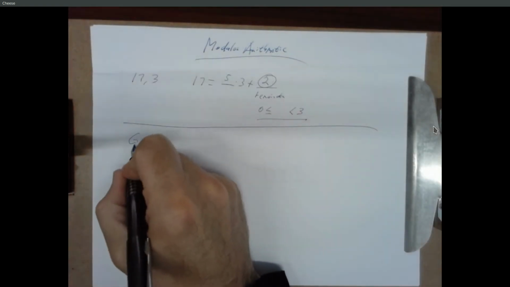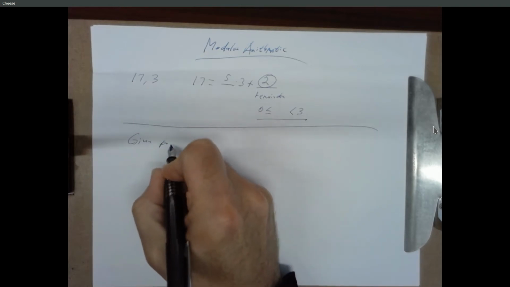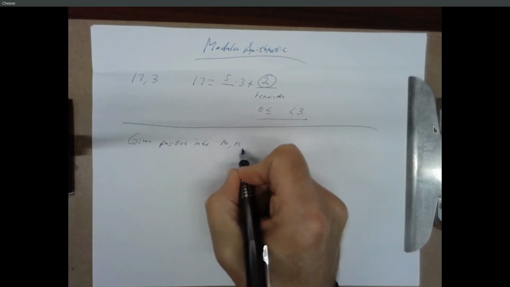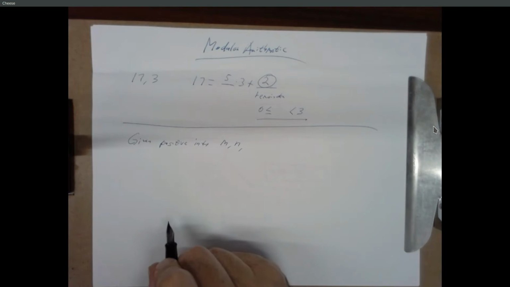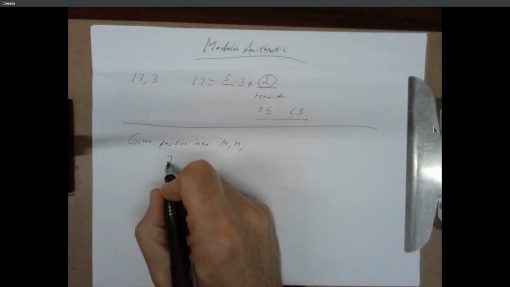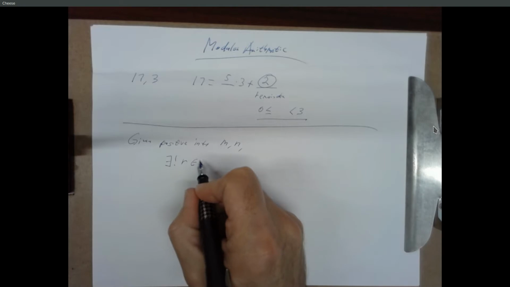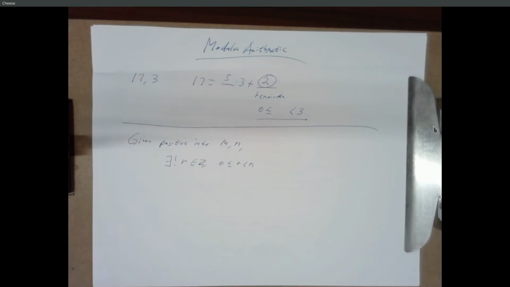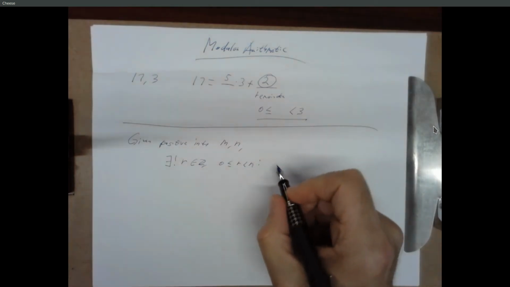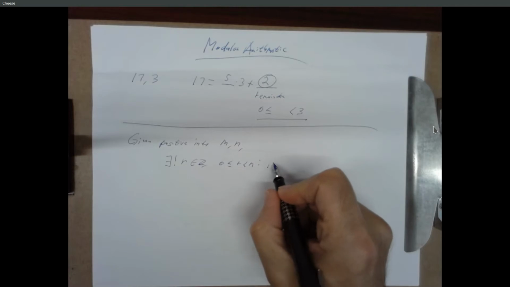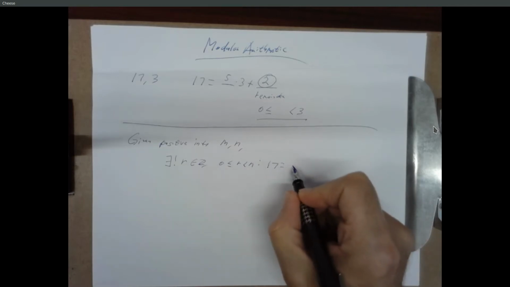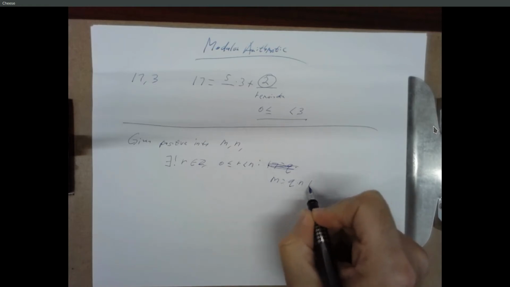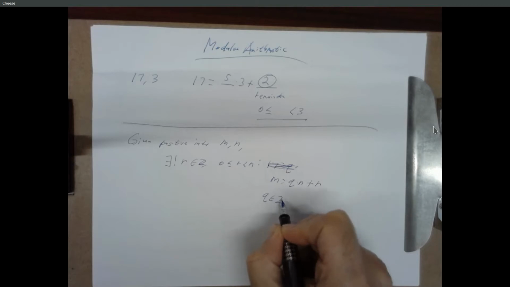So let me just write that formally. Given positive integers m and n, there exists a unique remainder, which is an integer bigger than or equal to 0 and less than n, such that m equals some quotient times n plus the remainder, where q is an integer.